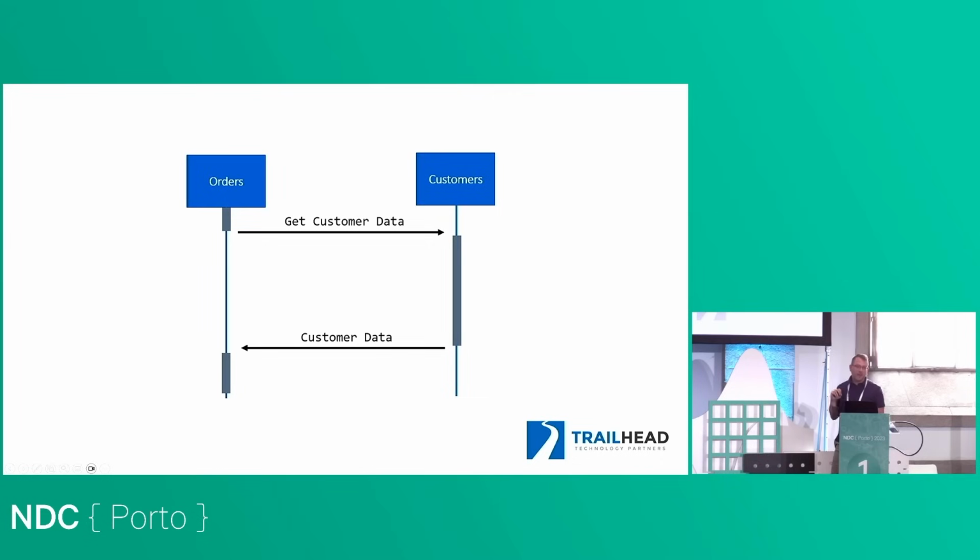While you're obviously waiting for that customer data, the orders service is blocked. And then that customer data comes back. In an ideal situation, that customer ID is found and that customer comes back and you can process the order. Now, if you're only having one concurrent user, this works great. And so usually when you're developing and you're testing this on your development environment, no problem.